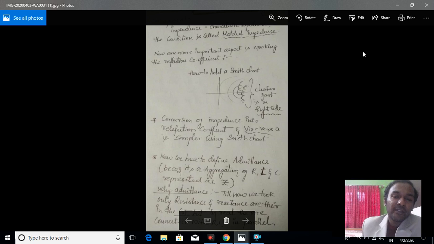So the first task is to define the characteristic of the transmission line in terms of admittance. Till now we defined the characteristic of the transmission line in terms of impedance. Now the characteristic in terms of admittance is required. That transformation is only possible through the Smith chart. The second task, in order to plot something, is to find the arbitrary admittance and then define the normalized impedance and so on.